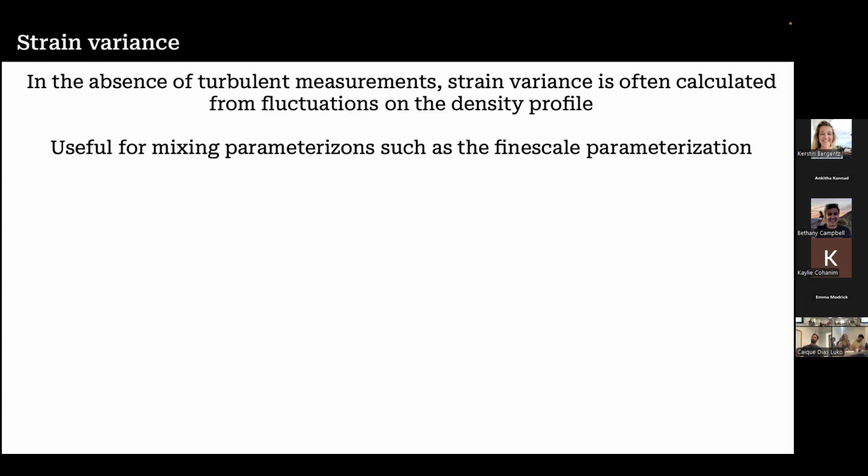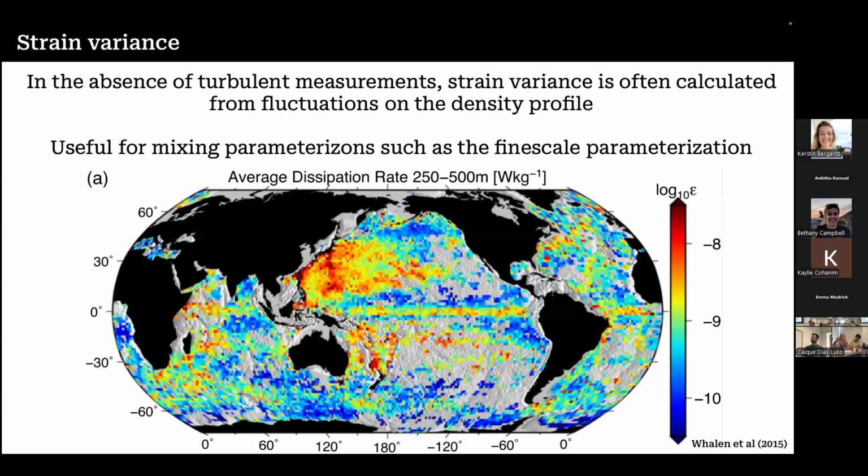This parameterization basically uses the density fluctuation information combined with some theory of internal waves, of breaking internal waves, and then you can get an estimate of how much turbulence is happening in the water. This is really useful. It has allowed us to get estimates of global patterns of turbulence in the ocean. This is a plot of the log of kinetic energy dissipation rate, which we're still going to talk about this week. But basically, just from Argo profiles around the globe, you get the density fluctuations and you can get an estimate of epsilon, which is pretty cool.